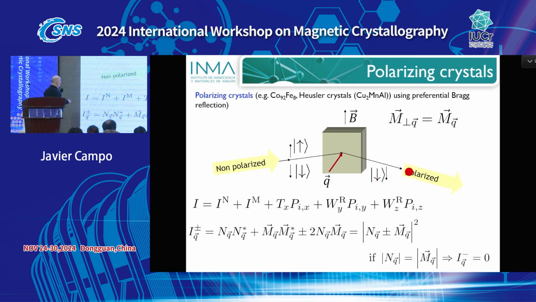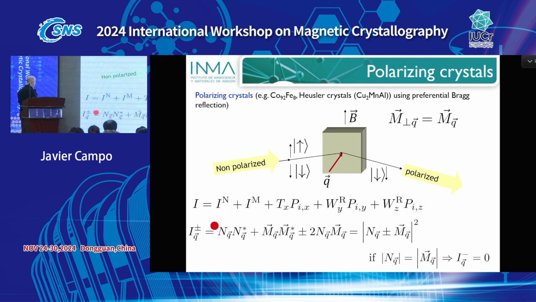If we use this setup, we can also, if we want, use a magnetic field to increase the magnetization of the components in the monochromator, but with this setup, the interaction vector is directly the magnetic structure factor. And then you can go to the intensity reflected, diffracted, in this direction, and it is like this.